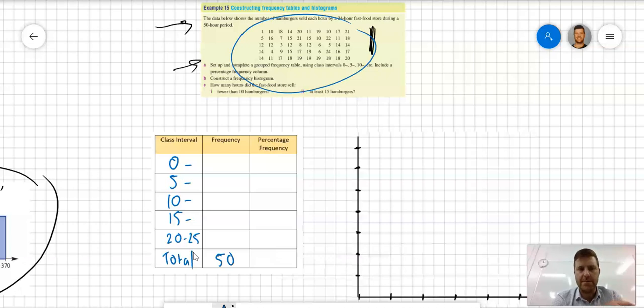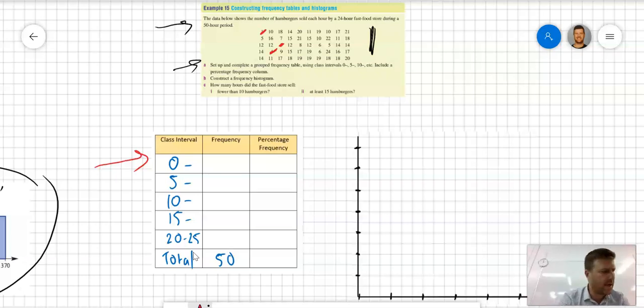So for how many hours were between 0 and up to 5 burgers sold in an hour? I've got this data here already, but essentially what you'll need to do is look and see how many times there's 1, 2, 3, and that's it.